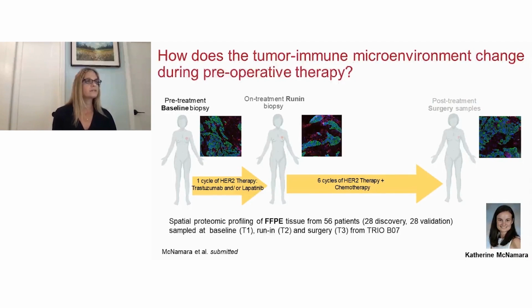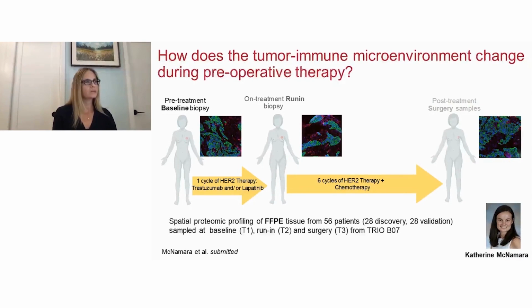And we sought to address this question in HER2-positive disease, where routinely speaking, patients are treated with standard of care neoadjuvant therapy. In this case, we turned to a clinical trial cohort where we were able to obtain pre-treatment baseline tissue biopsies prior to the administration of any therapy.